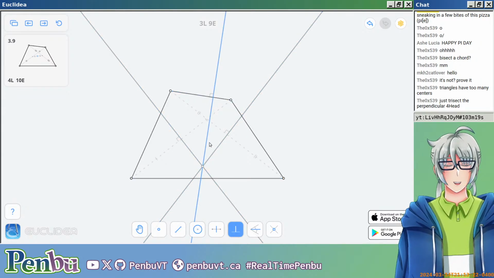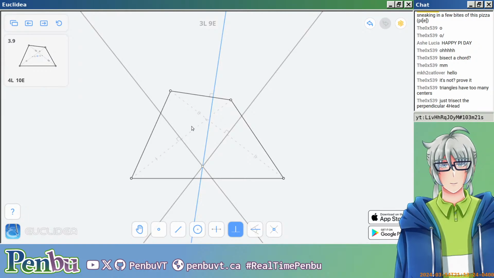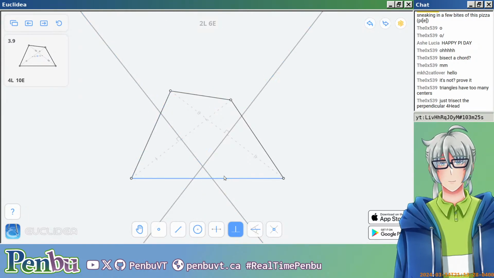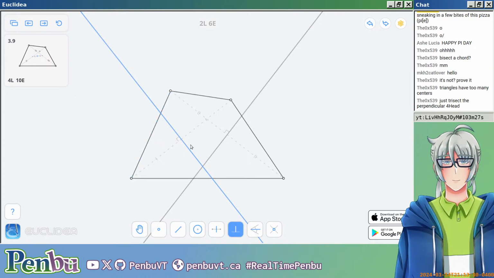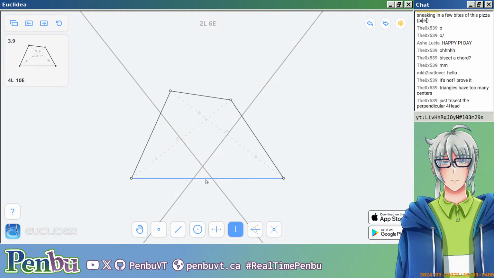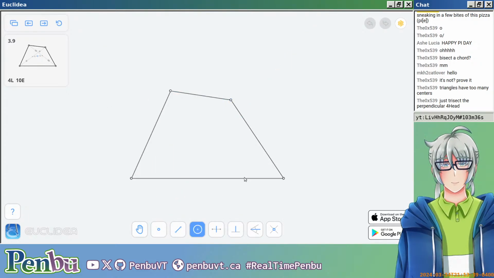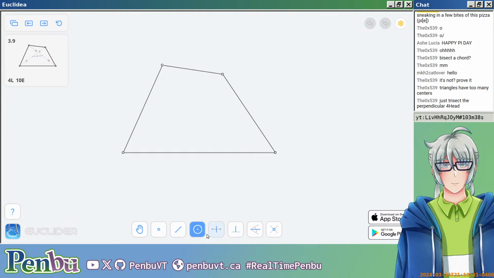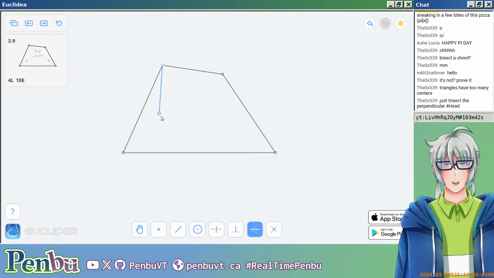I don't think that does anything. So what happens if we bisect these angles instead?